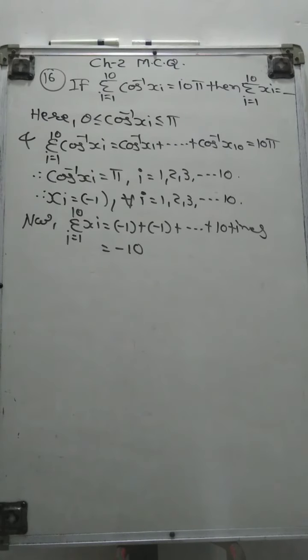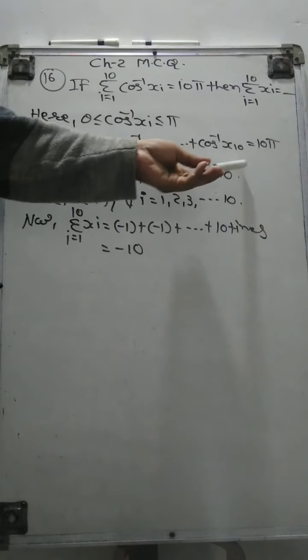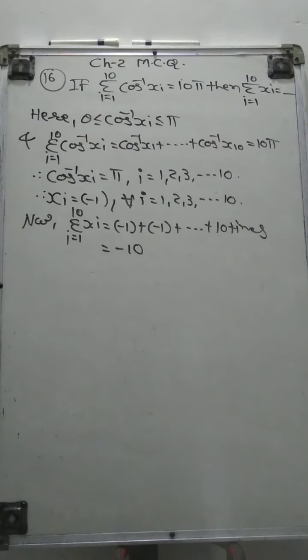Therefore, sigma i equal to 1 to 10, cos inverse xi is equal to cos inverse x1 plus cos inverse x2 up to cos inverse x10, which is 10 pi.